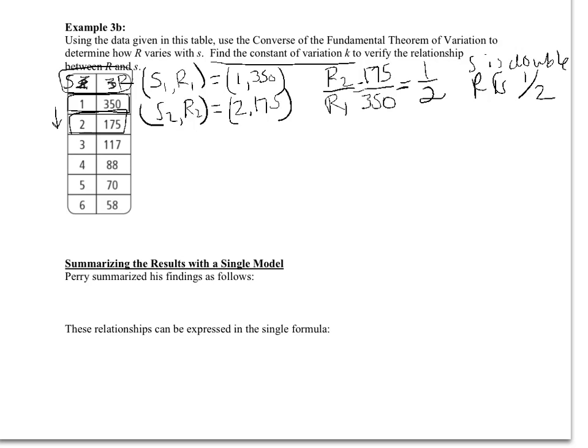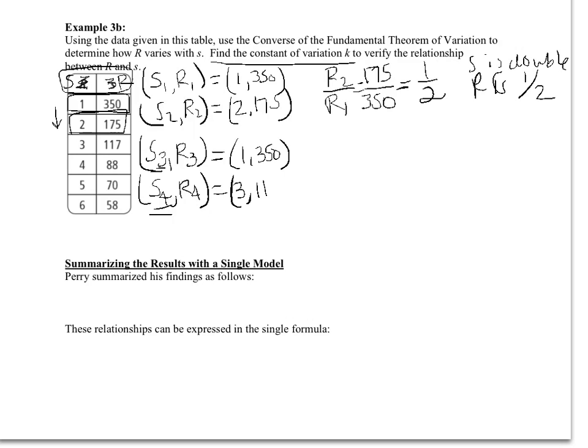Let's test it again with another set of points. Let's do s3 and r3 and s4 and r4. This time we want s4 to be triple s3. So if we pick 1 and 350 again, we want s4 to be triple that s3, which is 1.